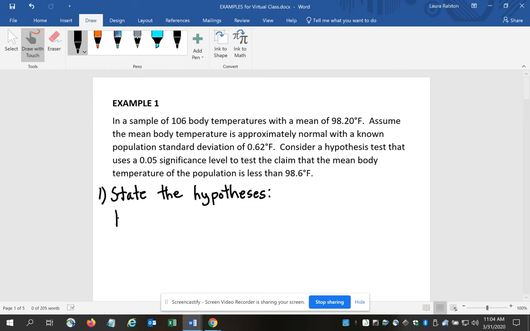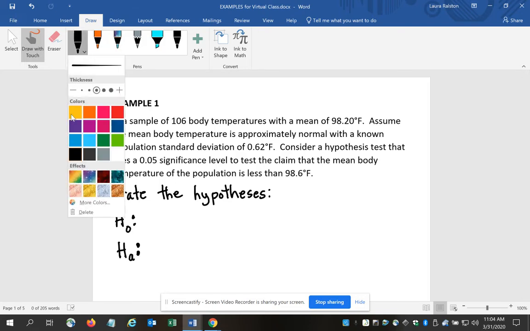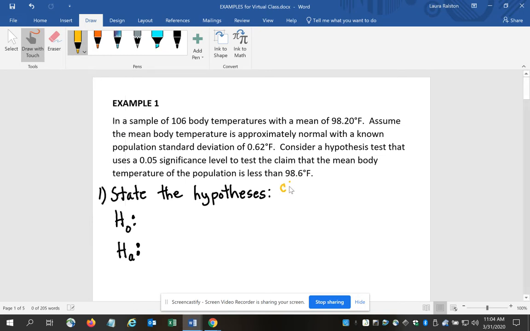You have the null hypothesis, which we represent by H sub 0, and the alternative hypothesis, which we represent by H sub A. And when you're trying to identify the hypothesis from your story or scenario, you want to look for words like claim, believe, think, conclude, because typically the phrase or the statement after those words is going to be your hypothesis.